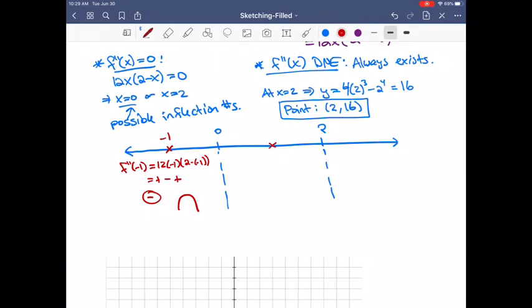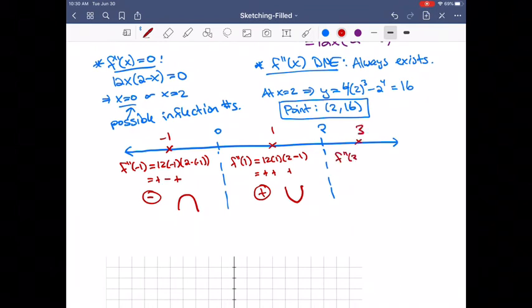Something between 0 and 2 is 1, so I plug that into the second derivative. So it's 12 times 1 times 2 minus 1. So it's a positive times a positive times a positive. So here's a positive. That means that we're concave up. And then something bigger than 2, so let's say 3.